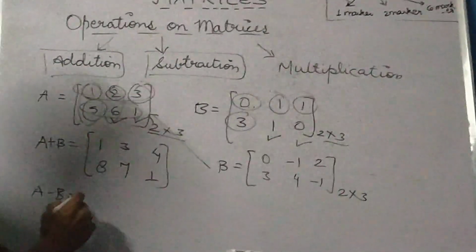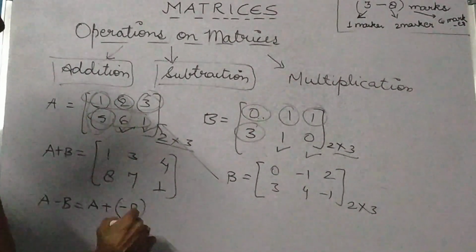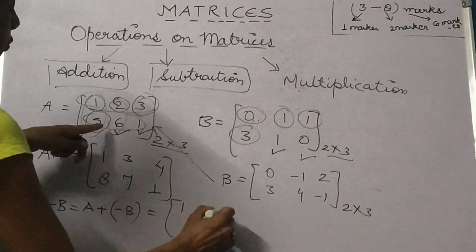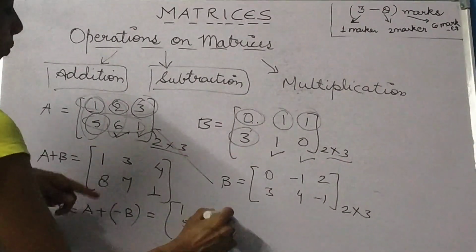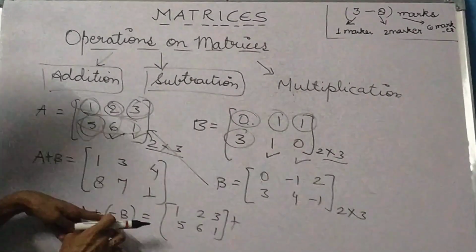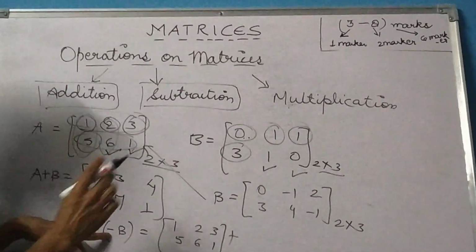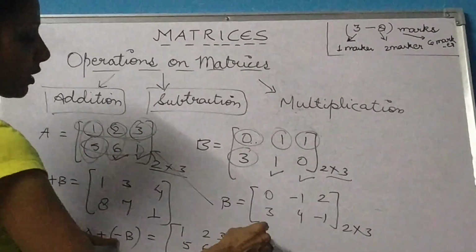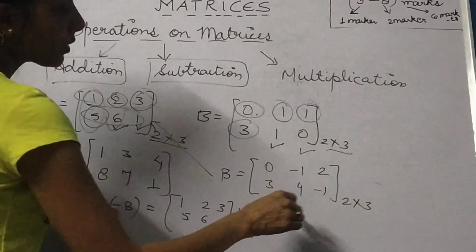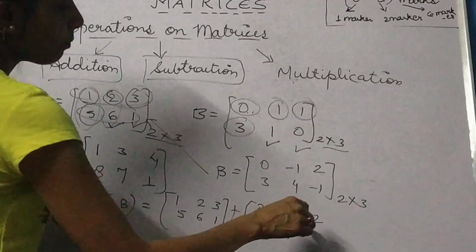So what we can do here is we can write it as A plus minus B. That means write down the matrix A, which is 1, 2, 3, 5, 6, 1, plus I am writing it here minus B. That means you multiply each element of matrix B with negative sign. So it becomes 0, plus 1, minus 2, minus 3, minus 4, plus 1.